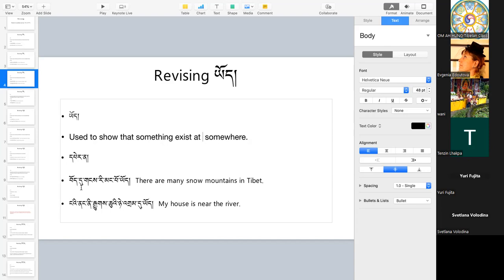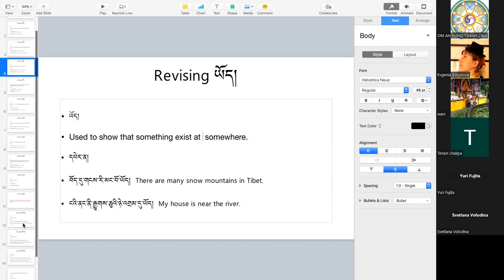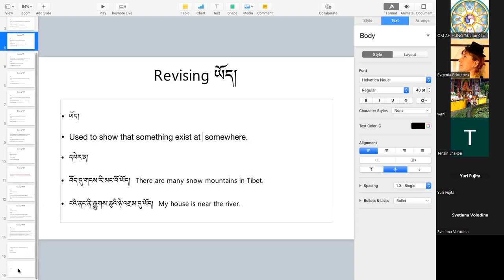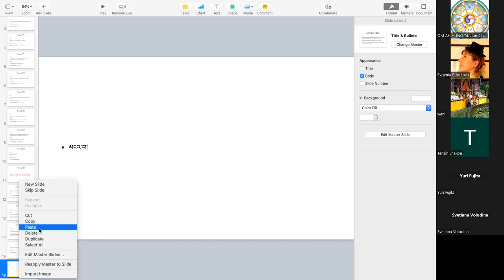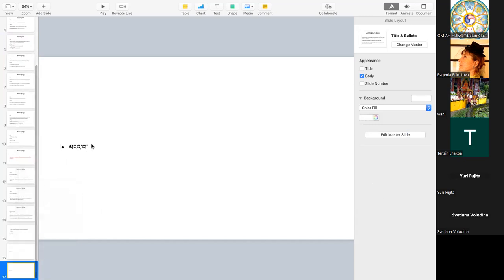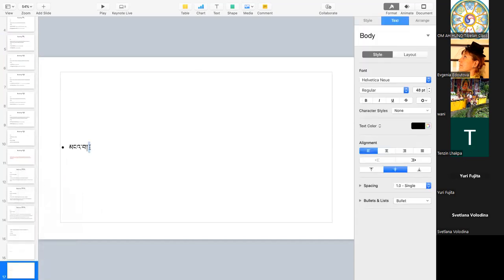And even here, since it shows the position, this is the usage of the seventh grammatical case, the object position relation usage case. So for example, let me just write another example here.